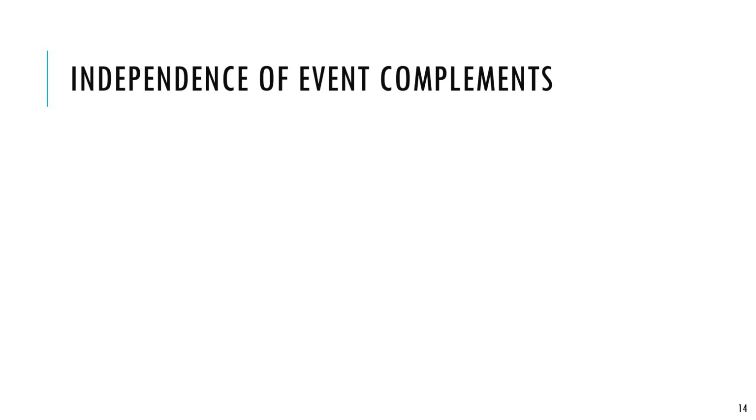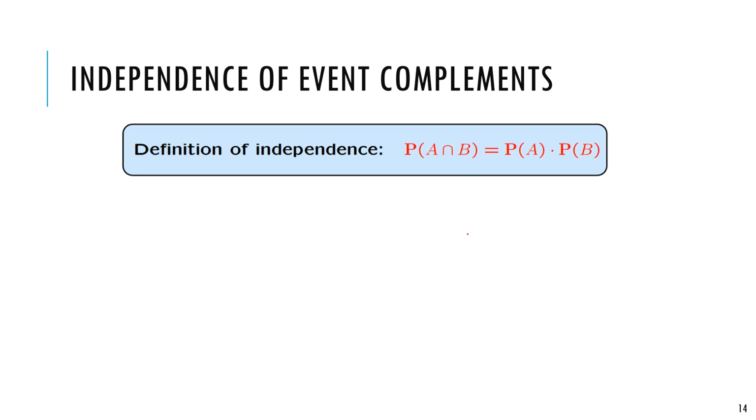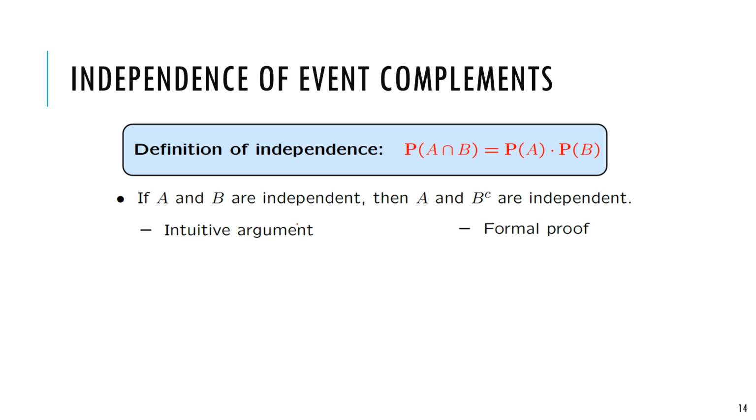Independence of event complements. Here we have the definition of independence: probability of A and B equals this. If A and B are independent, then A and B complement are also independent. Why?